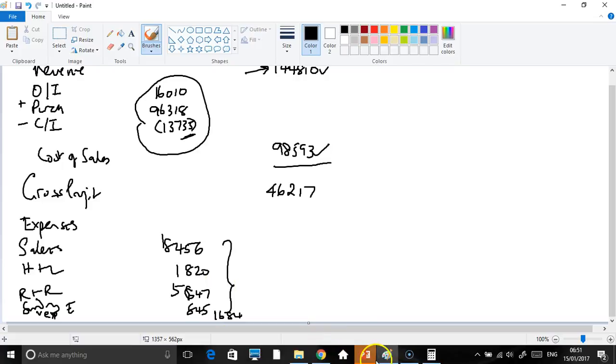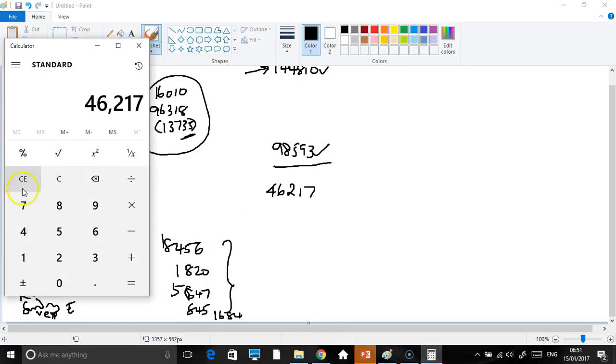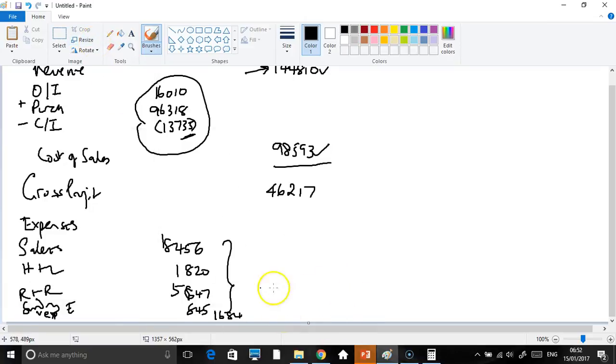Let's get our calculator out. So we have 18,456 plus 1,820 plus 5,647 plus 845 plus 1,684 gives us a total of 28,452.